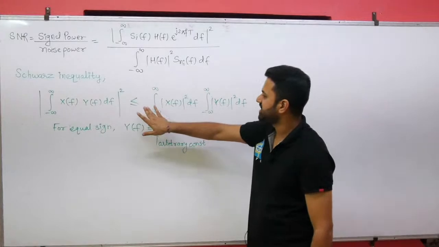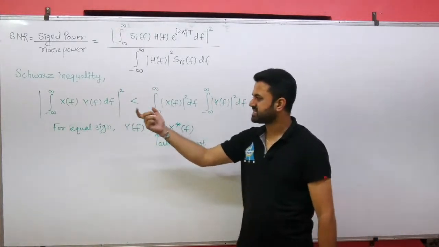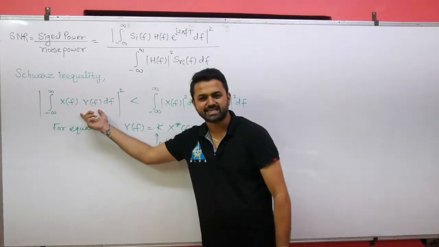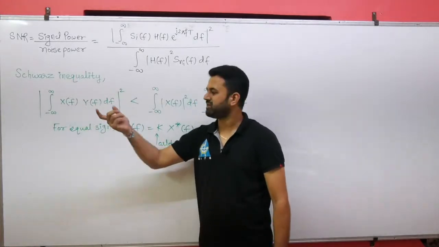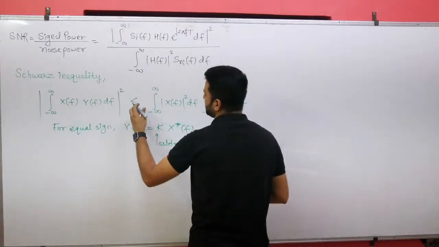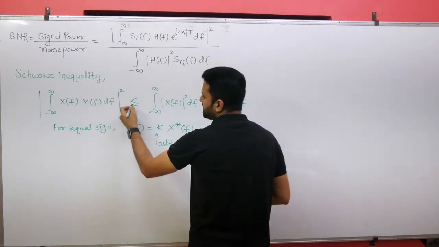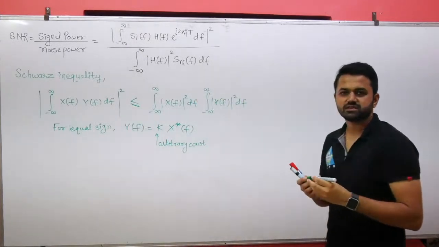If there is no equal sign, it means this value will always be less. So what is the maximum value of the left hand side? The maximum value will be calculated when there is an equal sign.